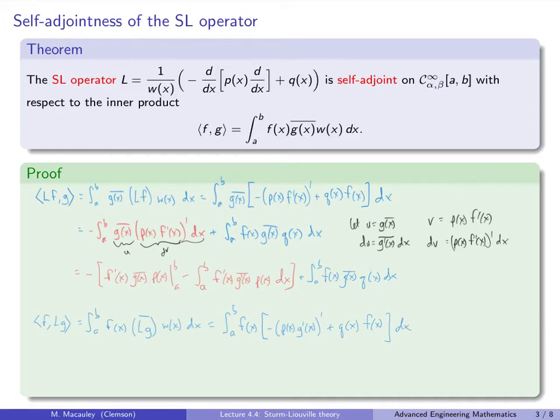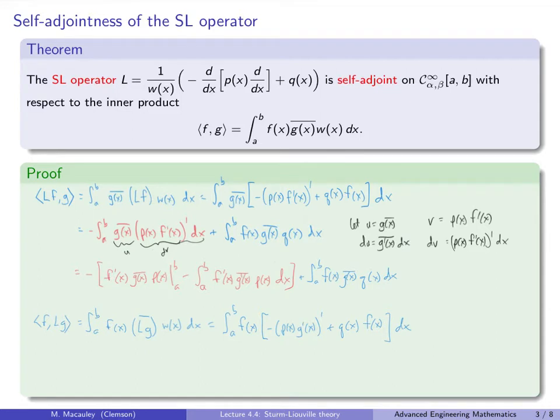Okay, so now where do the bars go? Basically, there needs to be a bar on everything here. Now p is a real valued function, so I don't need to put a bar on that. And actually, same thing with q. I don't think I said that previously, but I think I just said w and p are real valued, but q should be real valued as well.